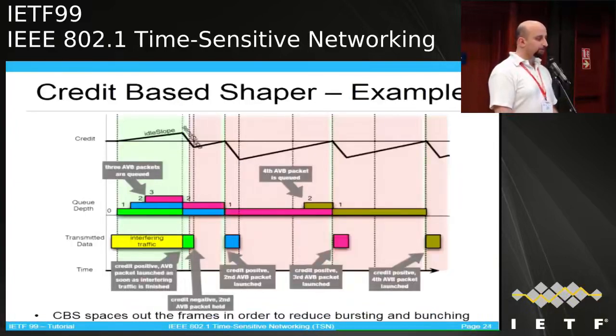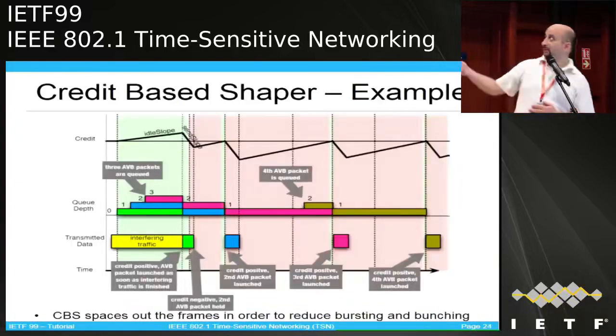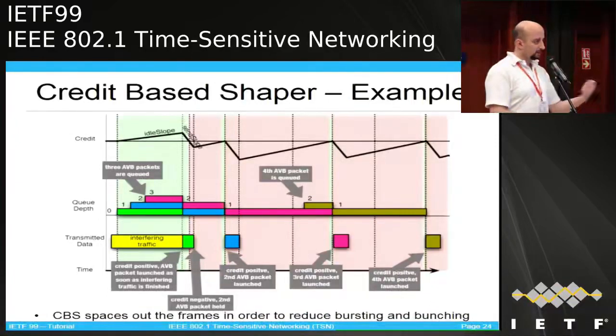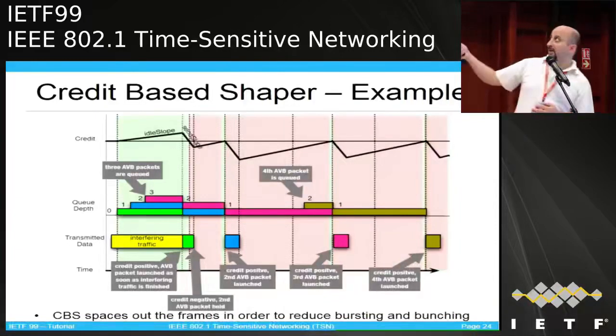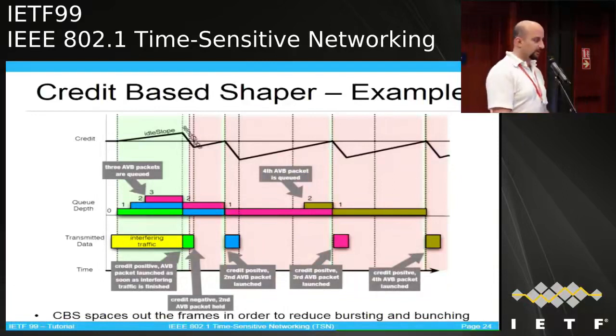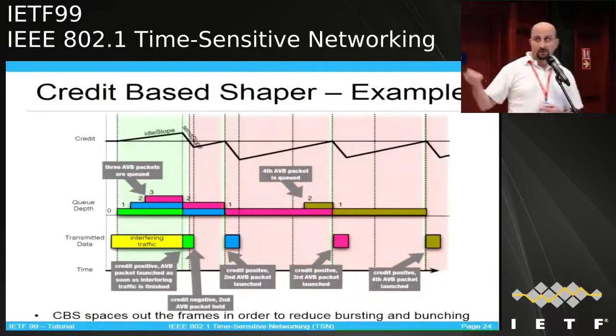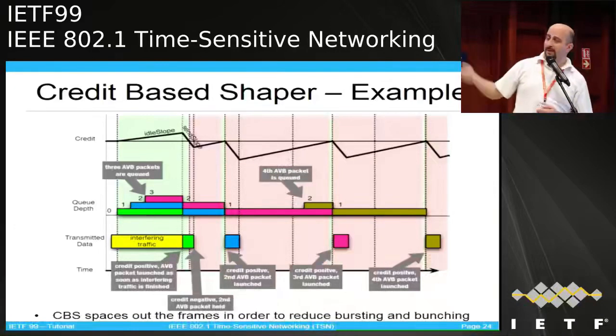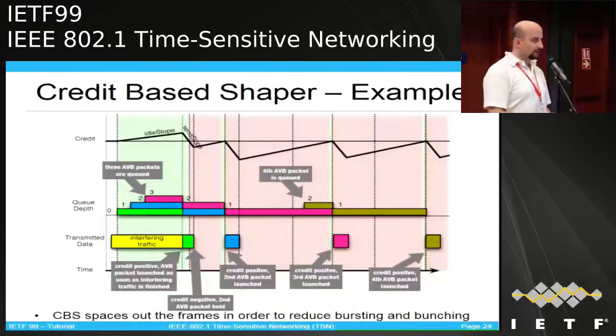In the idle period, here in the idle slope, each queue collects credit, which is used when a frame is transmitted. So the credit goes down when a frame gets transmitted. If you go negative with your credits, then no transmission is possible from that queue.